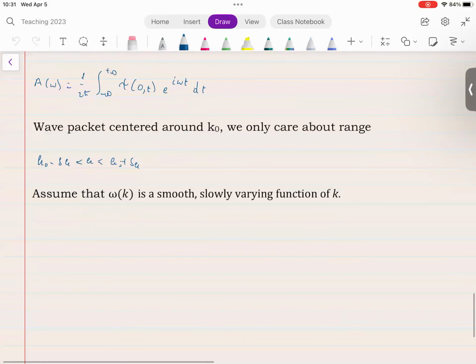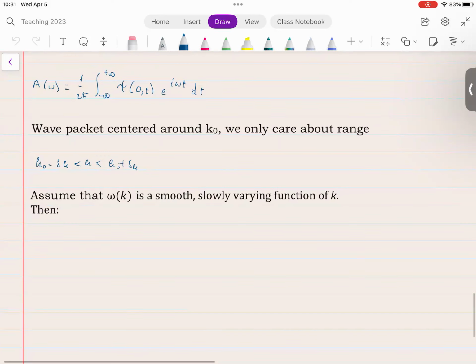Then I can Taylor expand omega. Omega of k is, with good approximation, equal to omega 0 plus k minus k naught times d omega dk calculated at k naught.